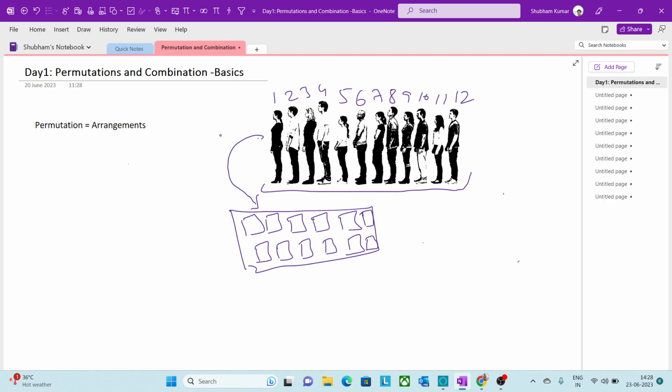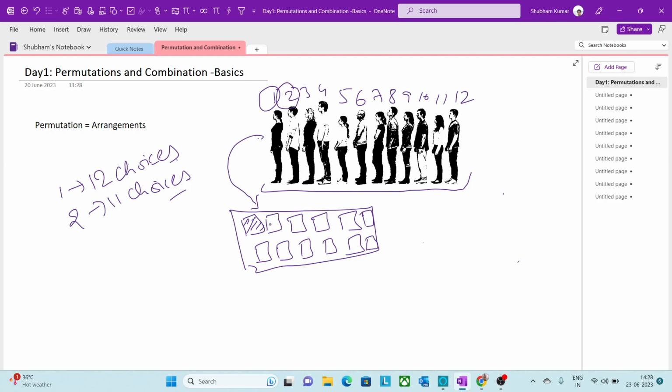So for solving this, let's take one. If she has to occupy any of these 12 seats, basically she has 12 choices to make. And when she occupies a seat, let's suppose this seat is occupied by her, then the second person will be left with 11 choices, provided this one seat is already occupied by her.